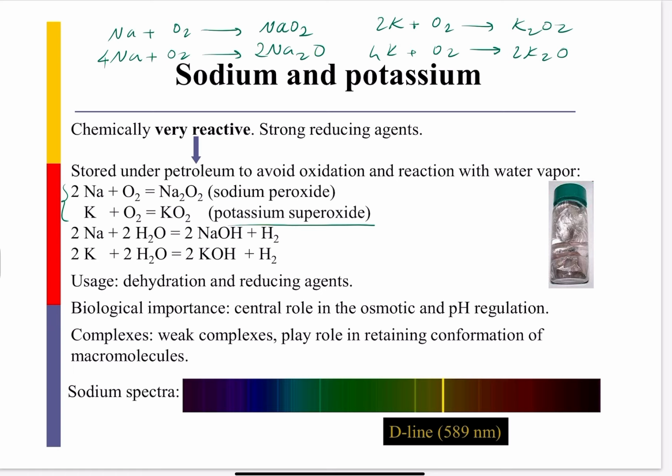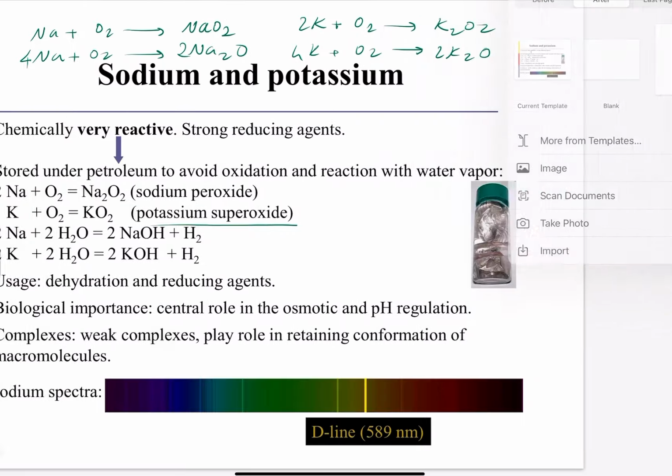These compounds, for example sodium oxide, can react very fast with water to form a base. If you go to the next page, I will write here, for example, when sodium is oxidized, normally it becomes Na2O. Na2O, sodium oxide, can easily react with water to form sodium hydroxide.